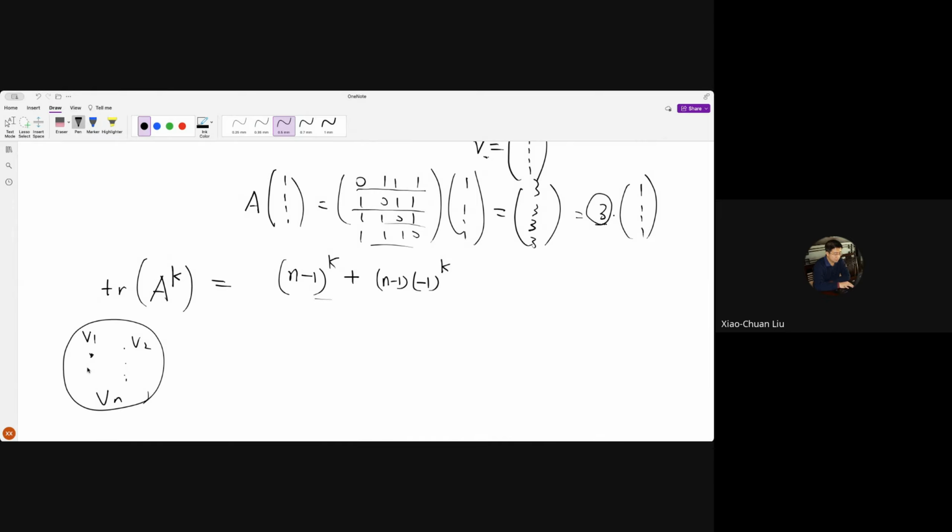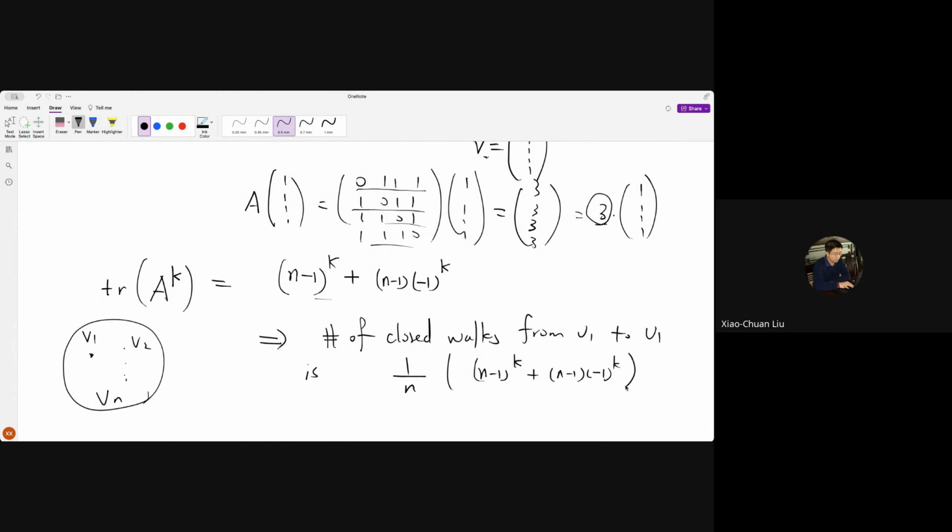There's some kind of high level symmetry between them. So it implies that the total number of closed walks from v1 to v1 is 1 over n times this number.